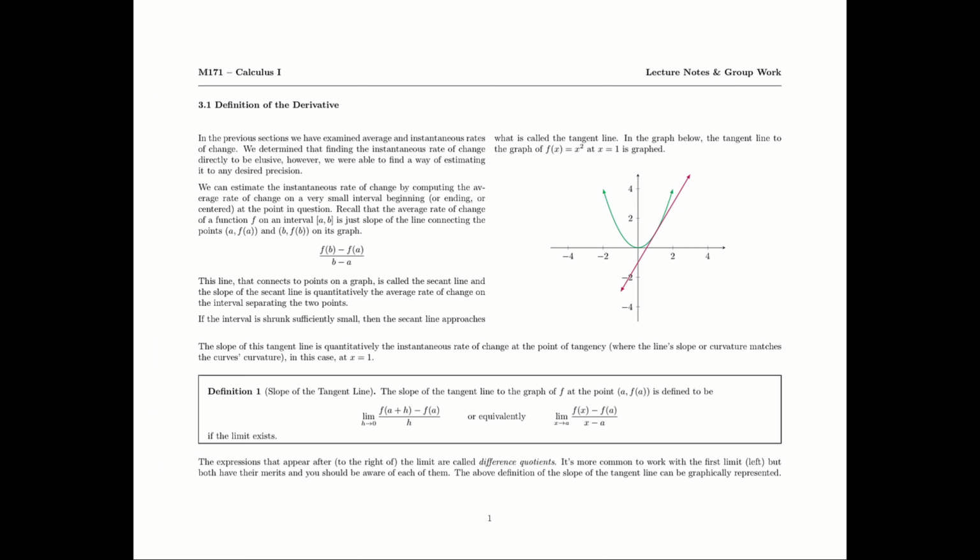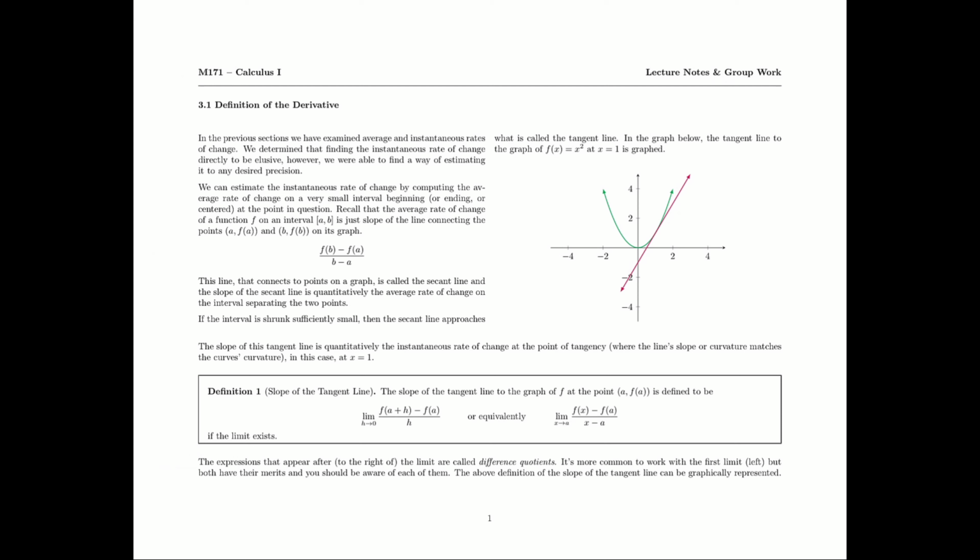The idea of calculating an average rate of change and then taking the average on a smaller and smaller and smaller interval, honing in on or closing in on the point in question. And essentially, we determined way back at the beginning of chapter 2, I should say, now that this is chapter 3 starting, that the instantaneous rate of change really is approximated by average rates of change.